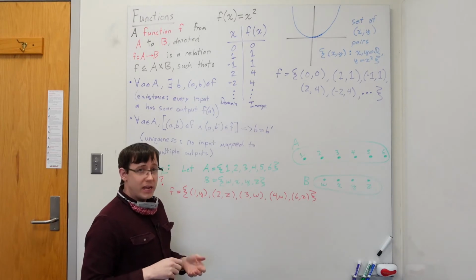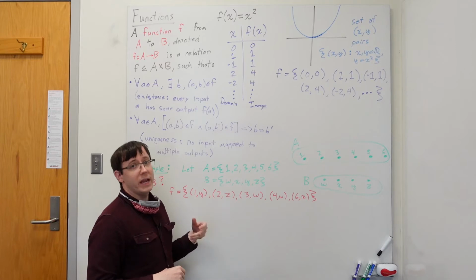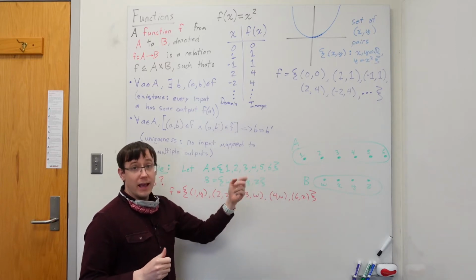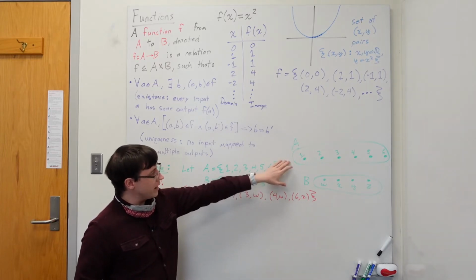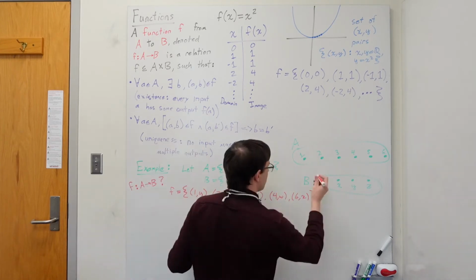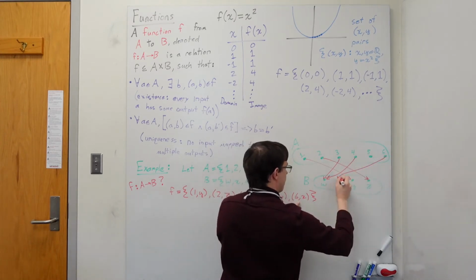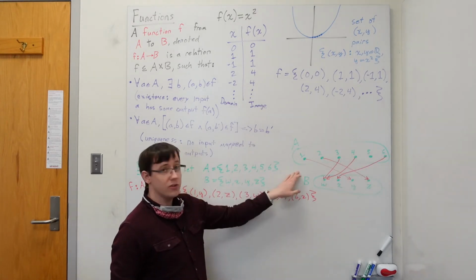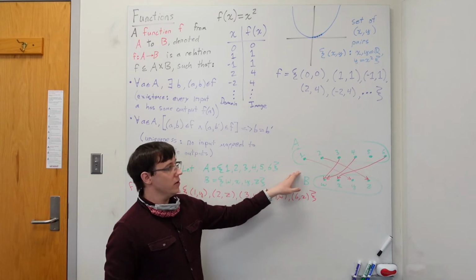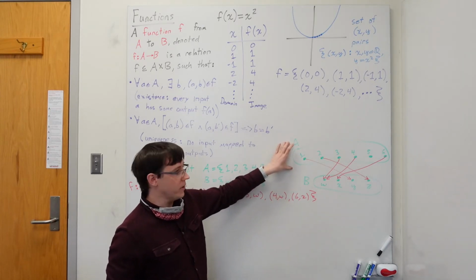Because our relation maps elements of set A to elements of set B, we can draw it as arrows from elements of A to elements of B. And when we draw the relation as this sort of mapping, it becomes clear that we don't have the existence property.